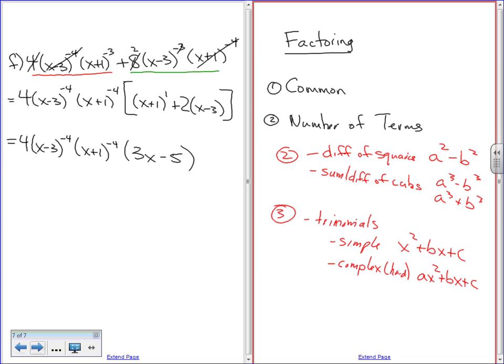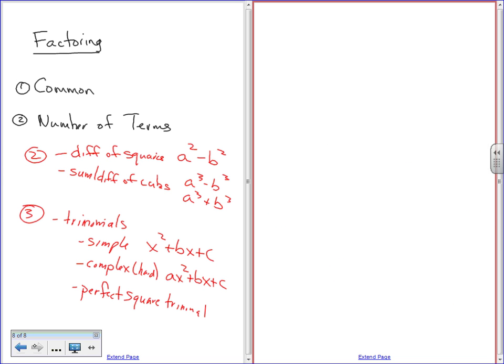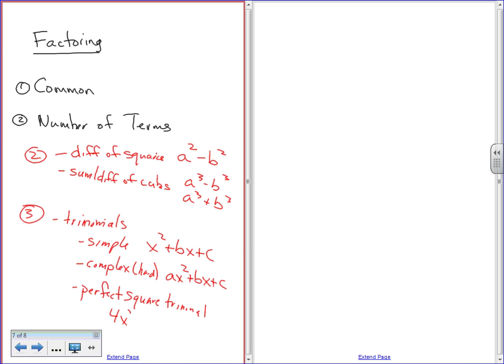And then with a trinomial, there's another one you can look for, which is called a perfect square trinomial. I just want to remind you of a perfect square trinomial. It's something like this, where you have a perfect square at the beginning, 4x squared, and a perfect square at the end, 9.